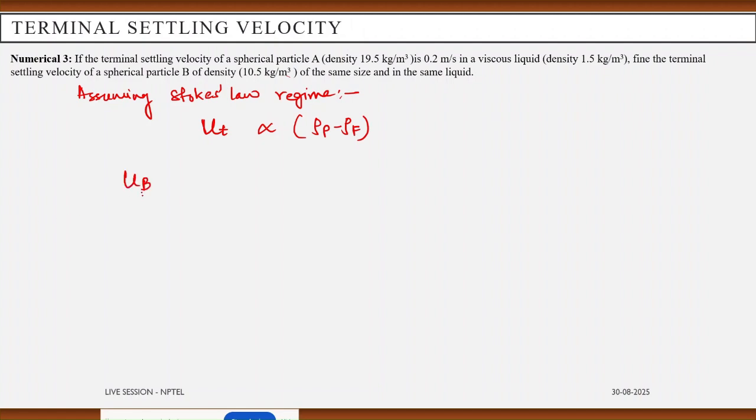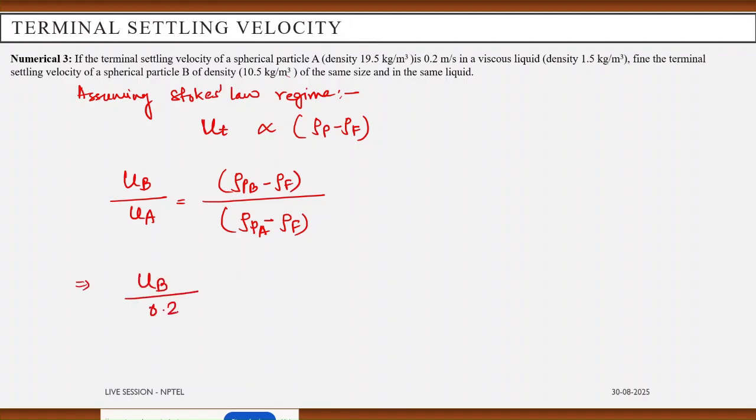So ub by ua is nothing but (rho p b minus rho f) divided by (rho p a minus rho f), which is ub by 0.2 equals (19.5 minus 1.5) divided by (10.5 minus 1.5).